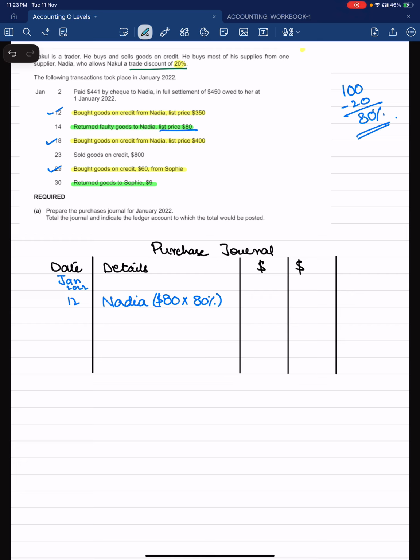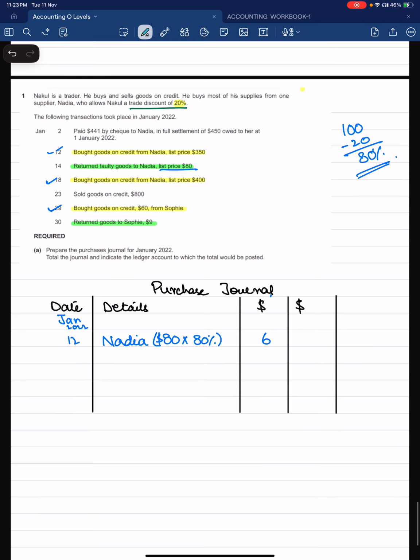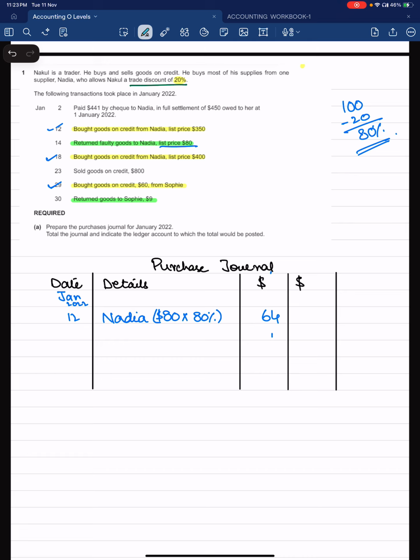I think it is clear. और अमाउंट will be 64. ठीक है. If we want to do it manually, then what we will do, $80 multiplied by 80 divided by 100. ठीक है. 8 8s are 64. We get the answer 64.